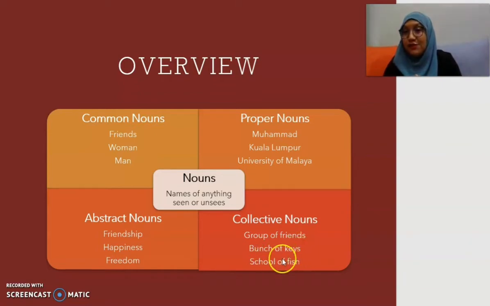Keys, you use a bunch of keys. And fish, usually we say a school of fish. Alright. In Malay language, we call it penjodoh bilangan. So if your main language is Malay, you might know it as penjodoh bilangan. So when we're learning English, it's called collective nouns.